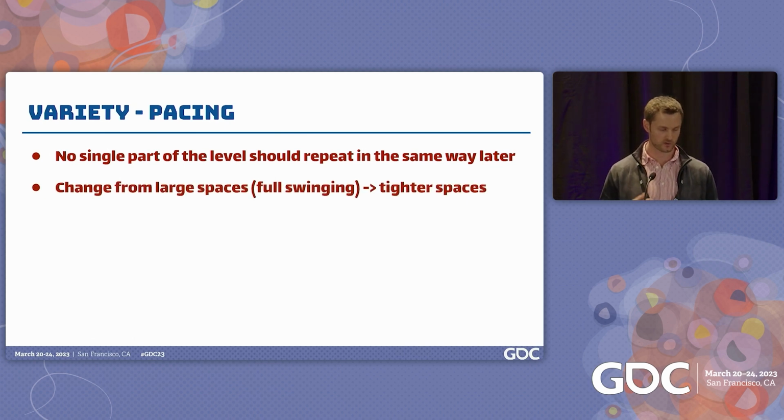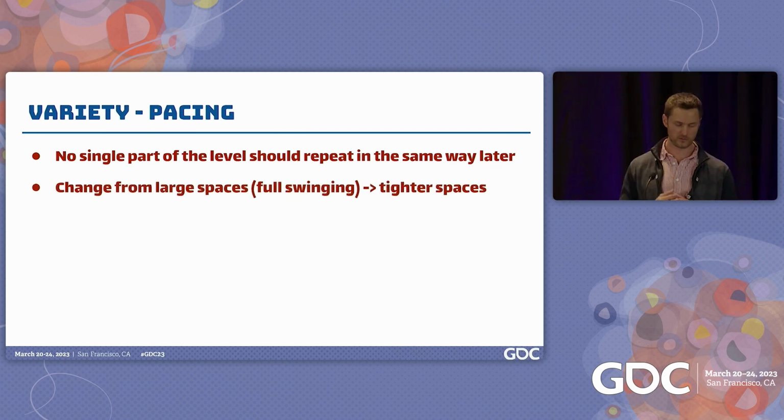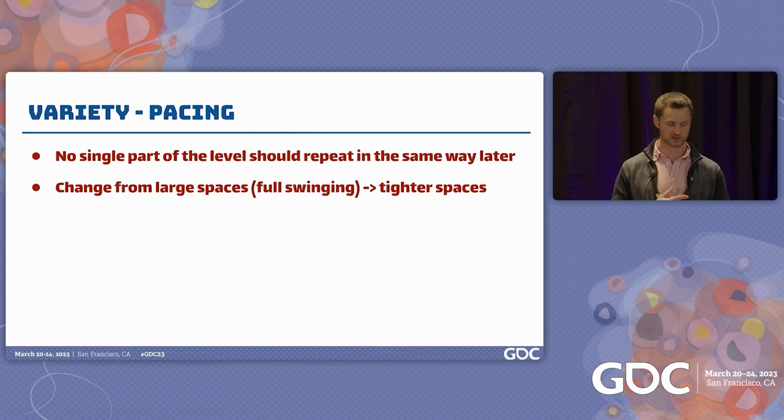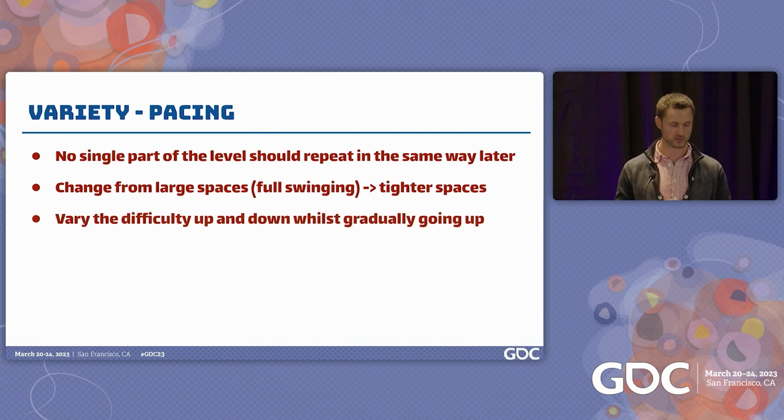Also, I was trying to vary the spaces of the level. So we'd have larger spaces where you could fully swing and move quite fast, and then also have tighter spaces where it was harder to get through and you had to slow down. And the idea I had was to try and vary between these two styles all the time.